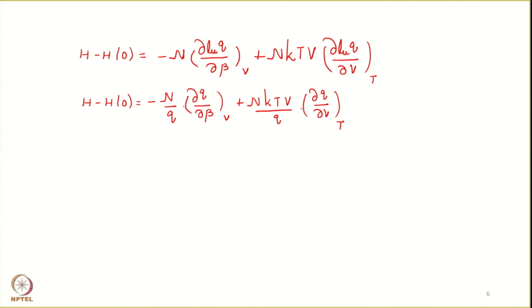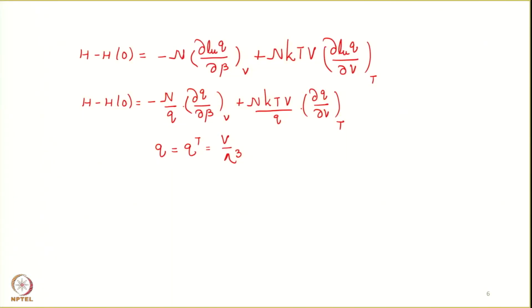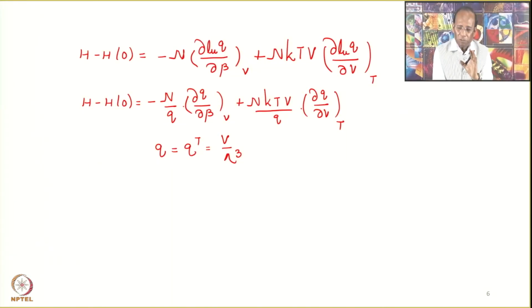And since we are now discussing for monatomic perfect gas, we will consider only translational contribution to molecular partition function. That means q is equal to q_t is equal to V upon lambda cube. A particle or the gas molecule, gas atoms which are free to move in 3 dimensions. Now let us do that.